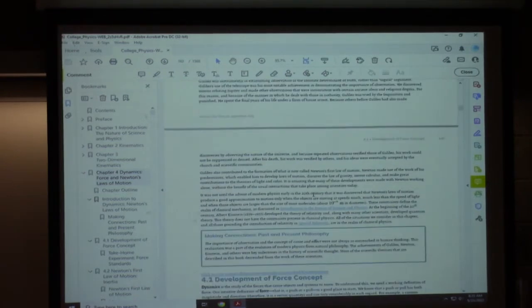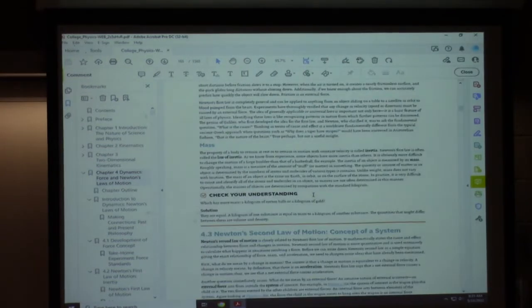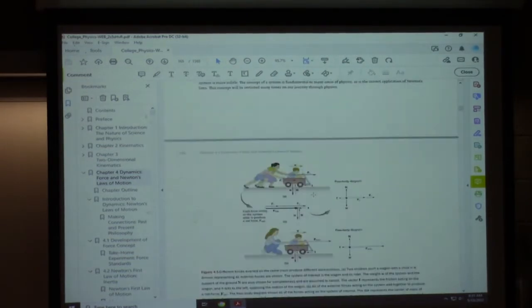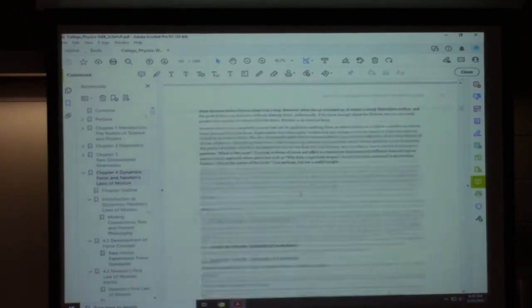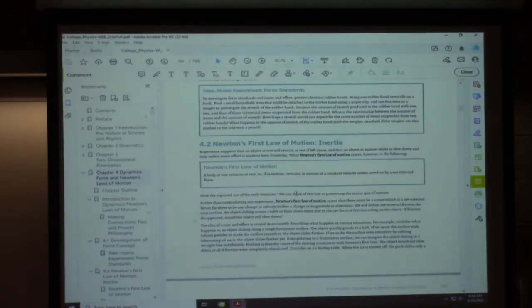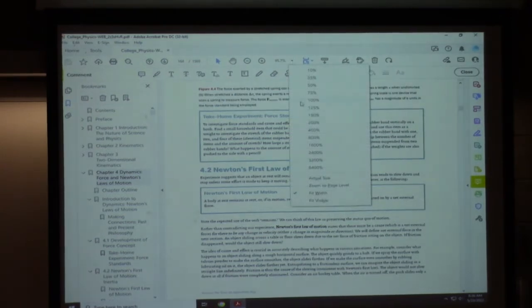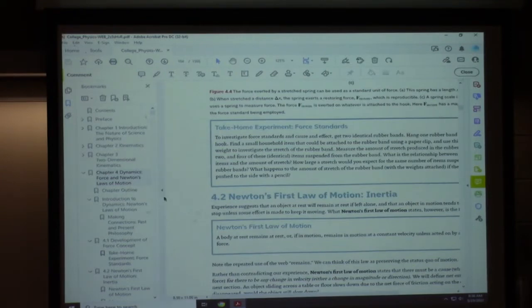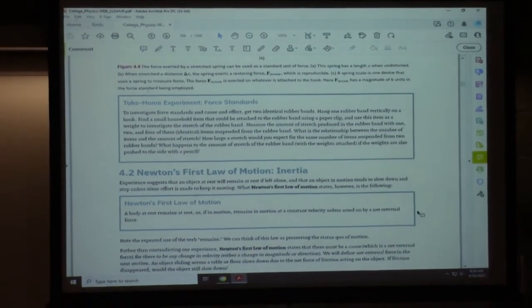But I do want to overly emphasize that we use it all the time. And I must have passed it. There it is. I'm going to make that a little bigger on the screen. What if I go 125%?